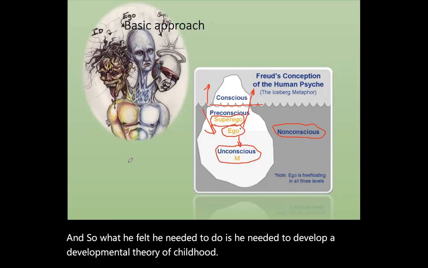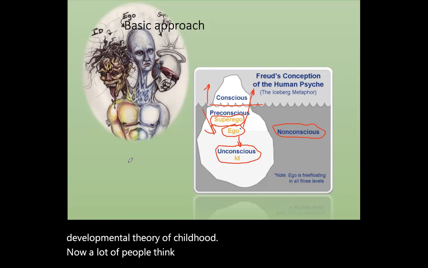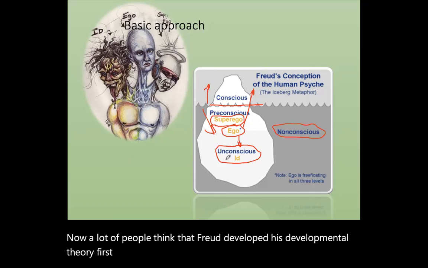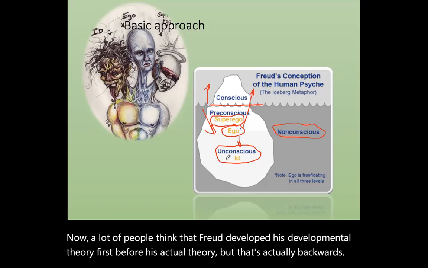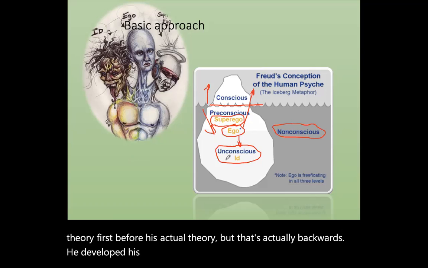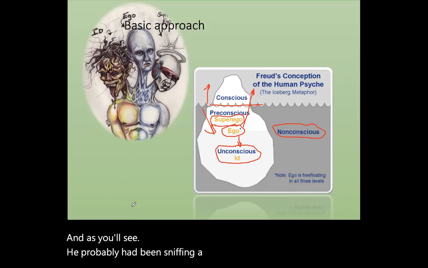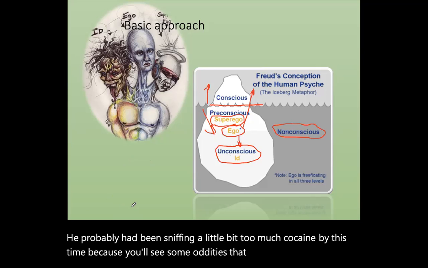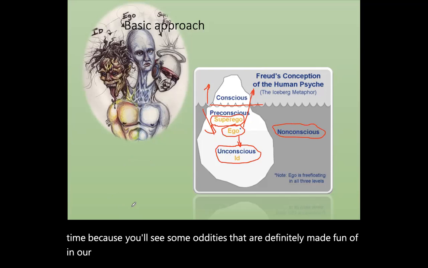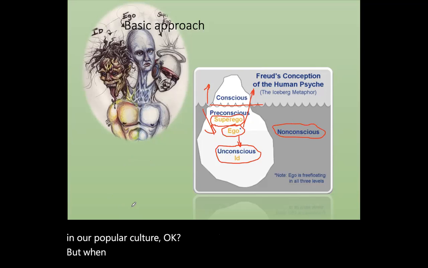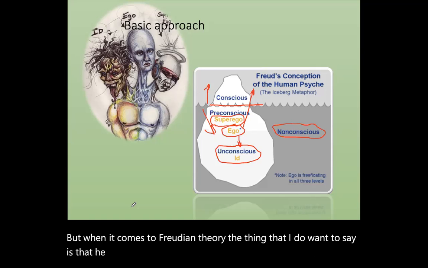Now, a lot of people think that Freud developed his developmental theory first before his actual theory, but that's actually backwards. He developed his developmental theory later on. And as you'll see, he probably had been sniffing a little bit too much cocaine by this time, because you'll see some oddities that are definitely made fun of in our popular culture, okay? But when it comes to Freudian theory, the thing that I do want to say is that he introduced the idea of stage theory.